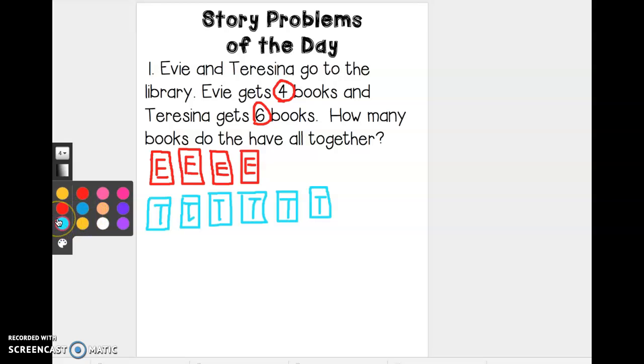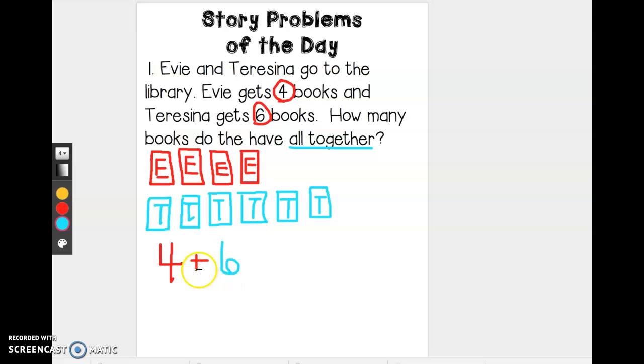Are we going to be joining or are we going to be separating? I want you to think about it. We want to know how many they have all together. So I know that Evie has 4. Teresina has 6. And I'm joining them. So I know I'm going to add.